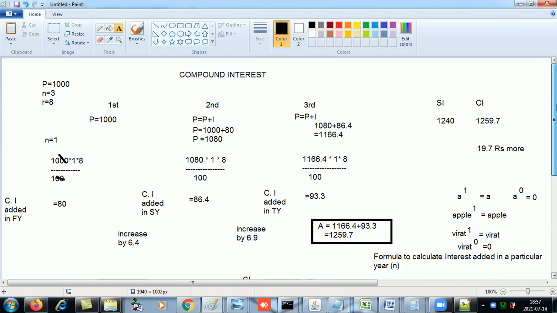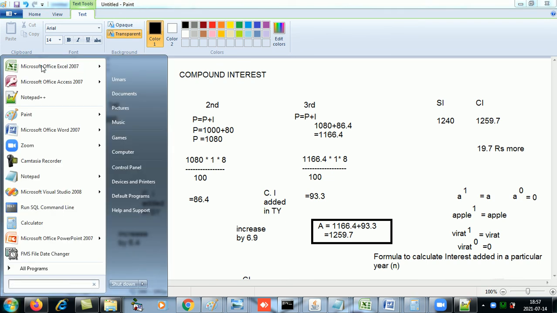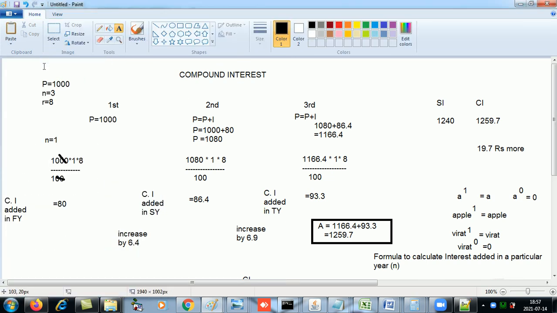So this is the difference between simple interest and compound interest, and the Z logic applies over here also.